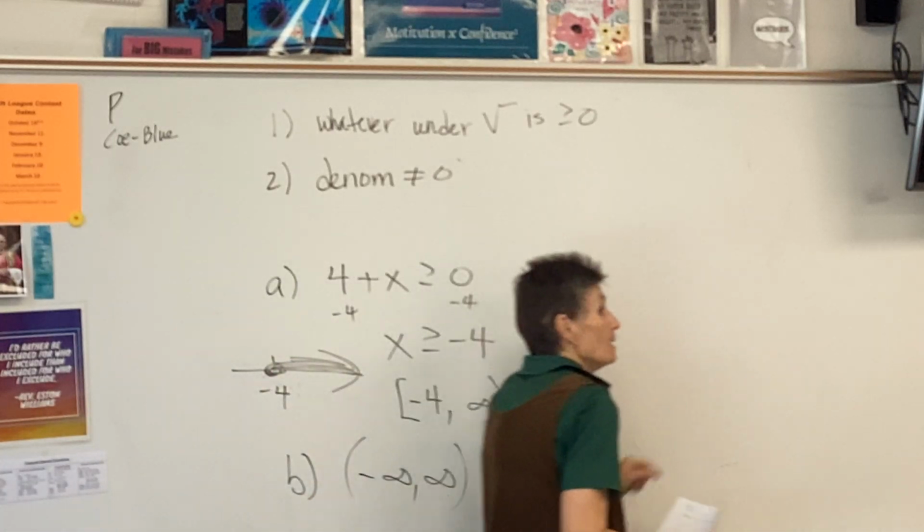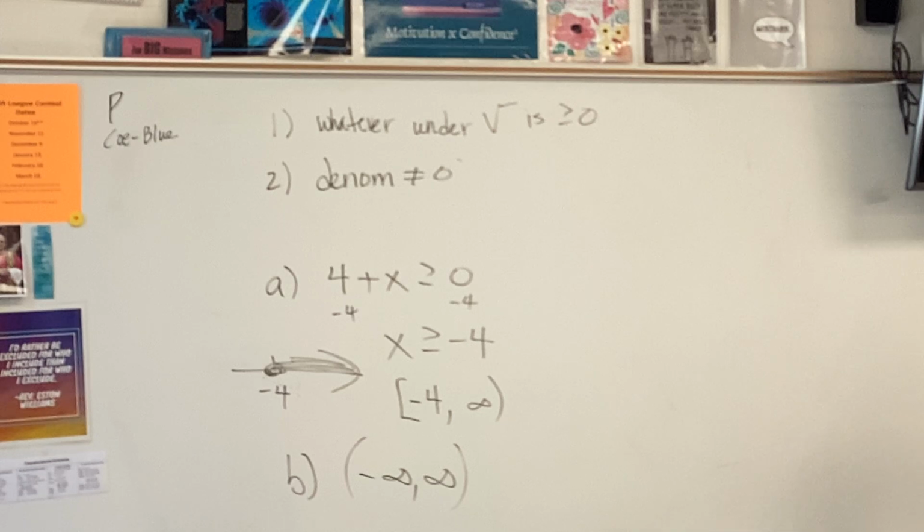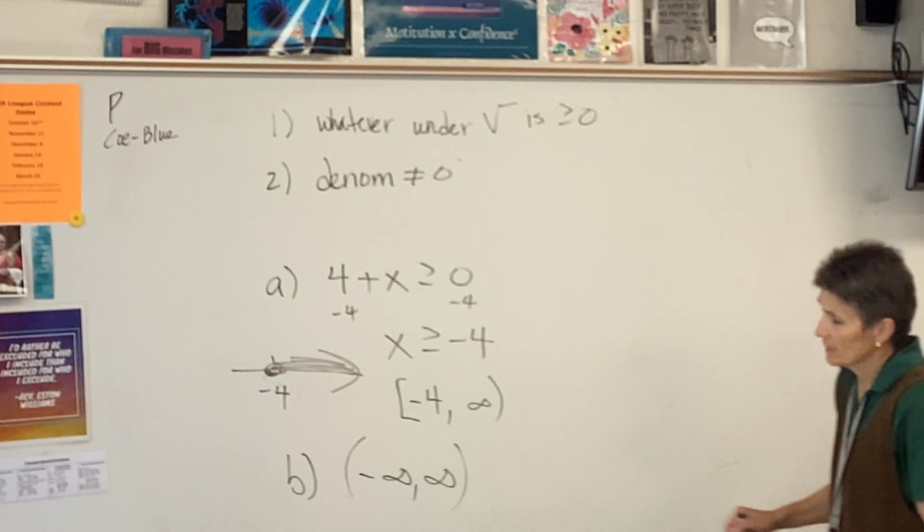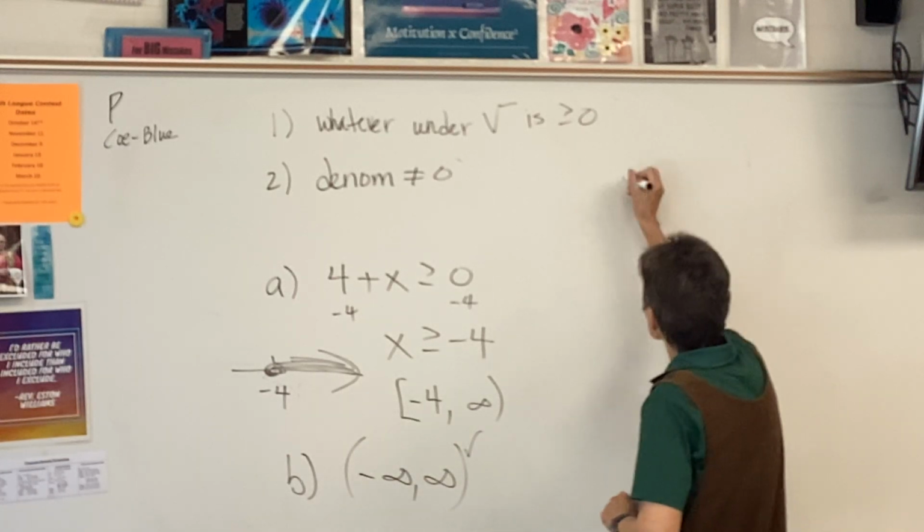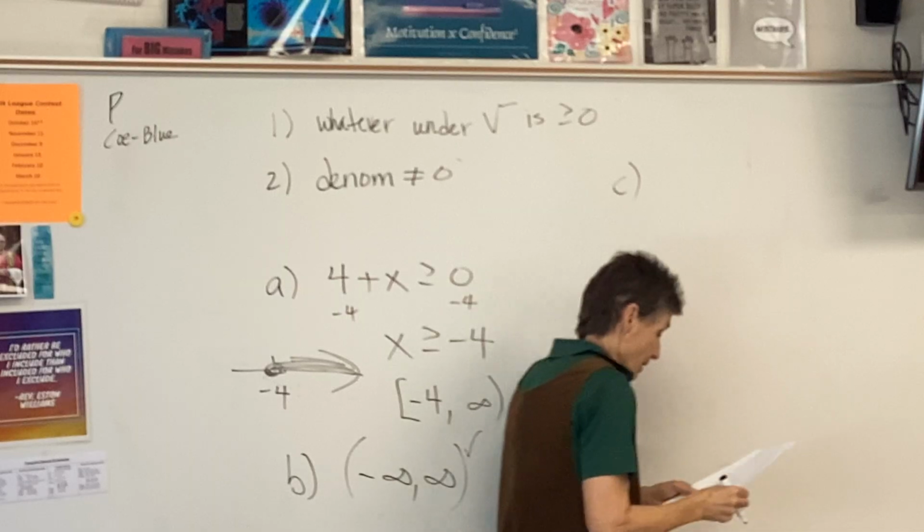Because what are the red flags? Denominator, radical. If you don't have a denominator and you don't have a radical, then you don't have any issues. It's all real numbers. There's nothing to solve. So if there's no denominator and no radical, this is your domain. All right, what about C?